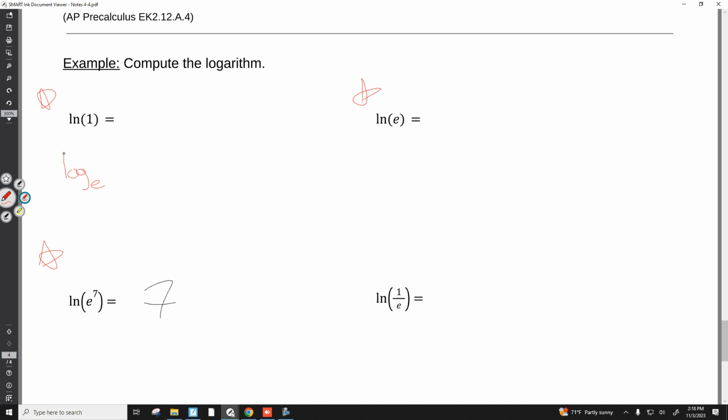Log base e of 1 is ln. Not log base 1 of 1. Log base e of 1. What is this? I'm not sure. Take e to the power. You have the equivalent. e to something is 1.